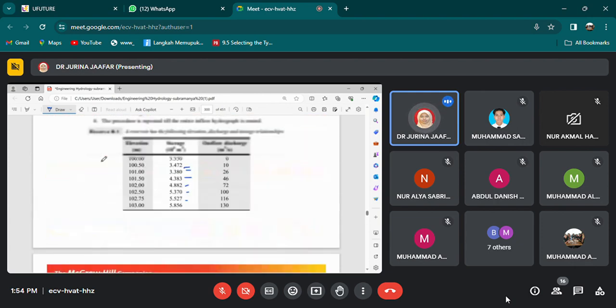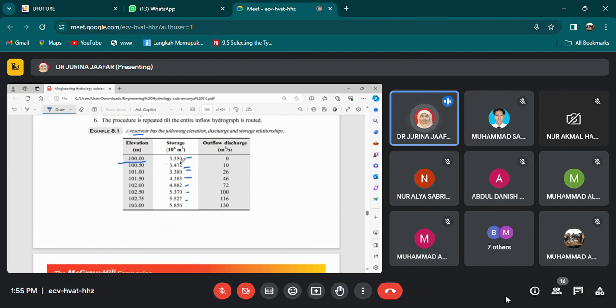Storage dia bila T sama dengan 0 adalah 3.350 yang starting ni at elevation 100.